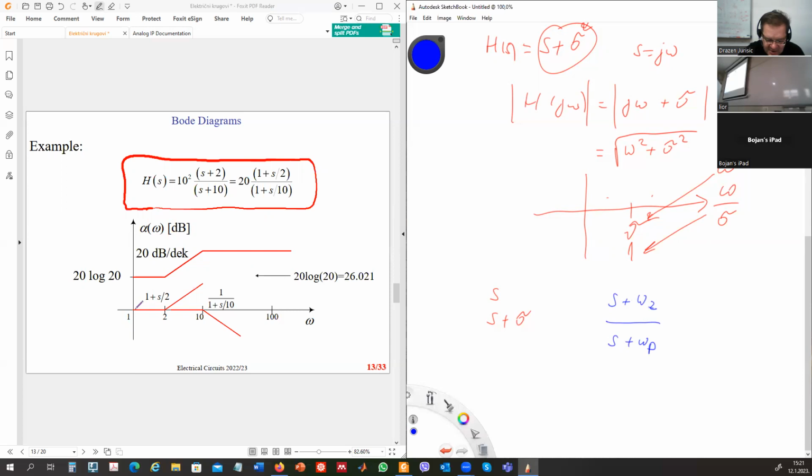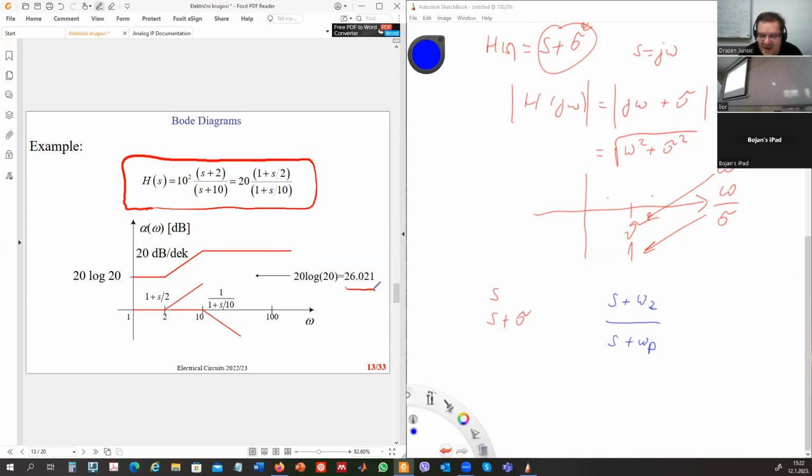You start here, you come to number 2, and then you go 20 dB up. And then you come to number 10, and then you go 20 dB per decade down. And then you add the 20. 20 is 20 logarithm of 2, which is equal to 26.